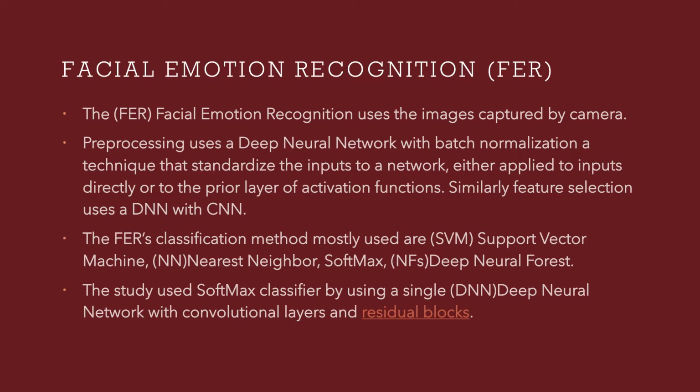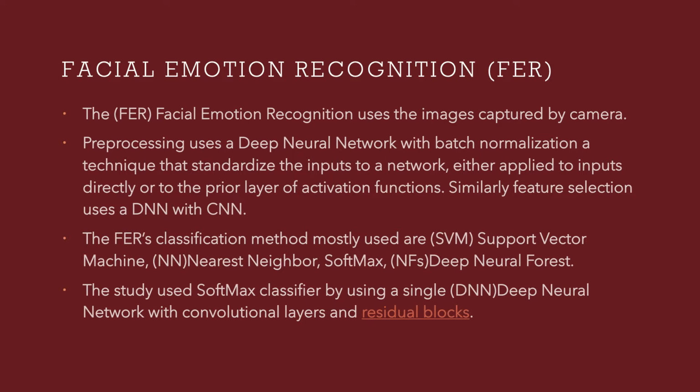The preprocessing used in this study is a DNN, or deep neural network, with batch normalization, wherein the translated input image signals are converted into pixel values, and the focus of the study is on the eyes and mouth before sending the data to the feature extraction process.